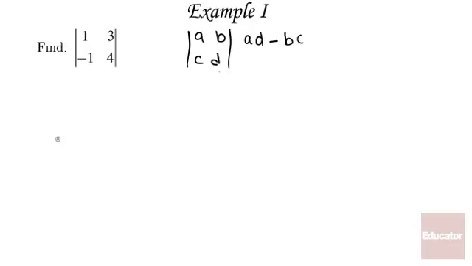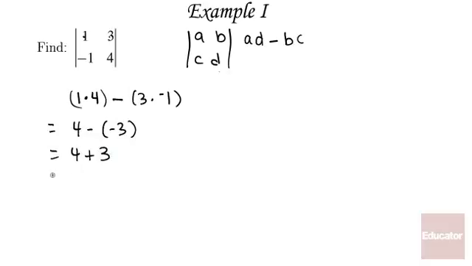All right, so doing that right here is going to give me 1 times 4 minus B times C, which is negative 1. This equals 4 minus negative 3. If I have a negative and a negative, that gives me a positive. 4 plus 3, so it's 7. So the determinant here is 7 using this formula.